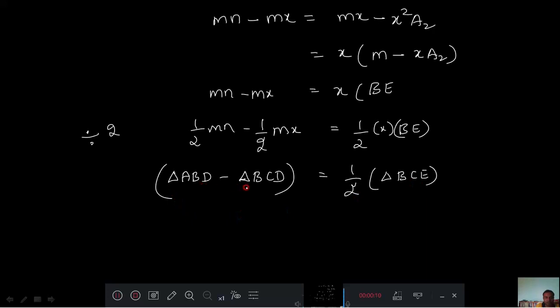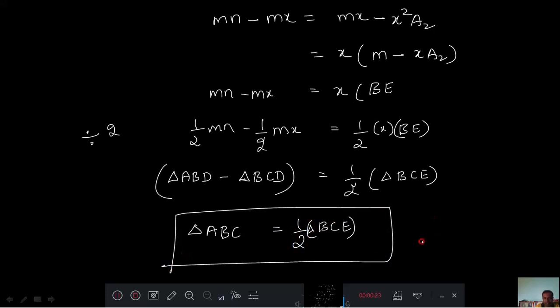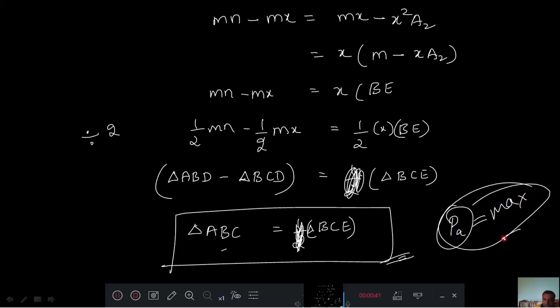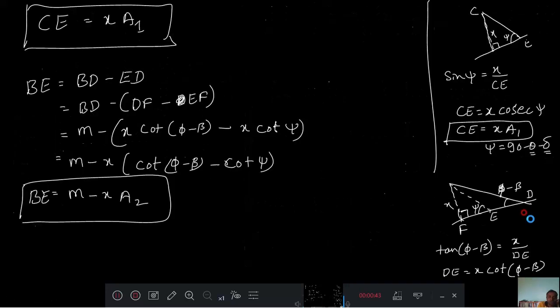Now what is this? ABD minus BCD, that is ABC. Half into the area of ABC. If you achieve this area and this area equal, then in that way if you get a PA, that PA is the maximum PA. Conclusion: come back.